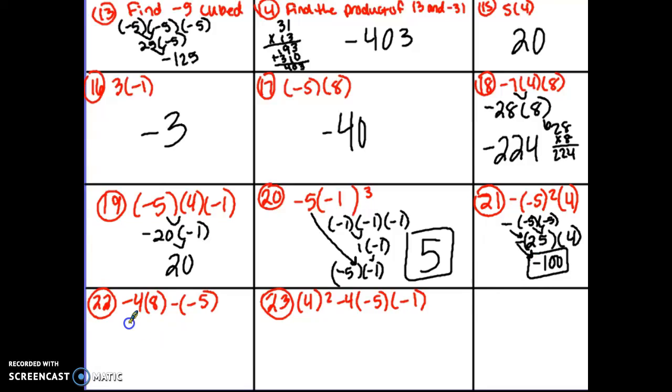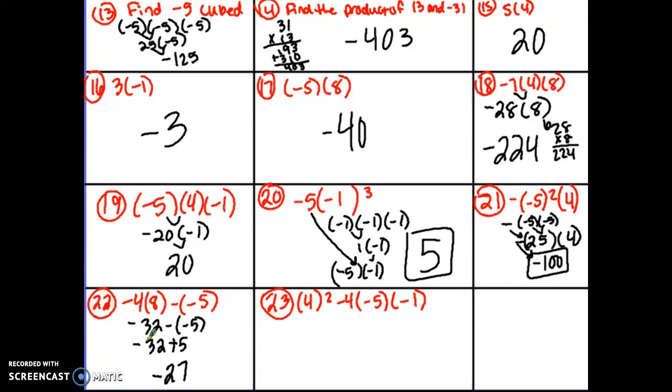Negative 4 times 8 is negative 32. Bring everything else down. We're subtracting, so we do additive inverse. Keep your first number, change subtraction to addition, take the opposite of the second number. When you have different signs, you subtract and take the sign of the number with a higher absolute value.